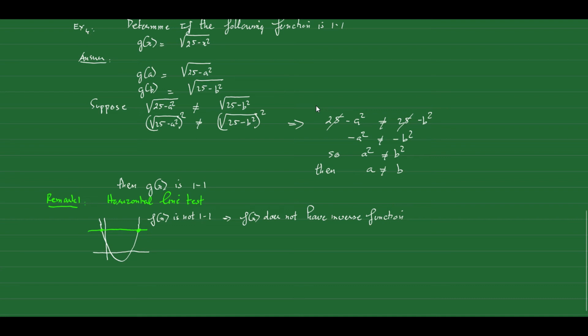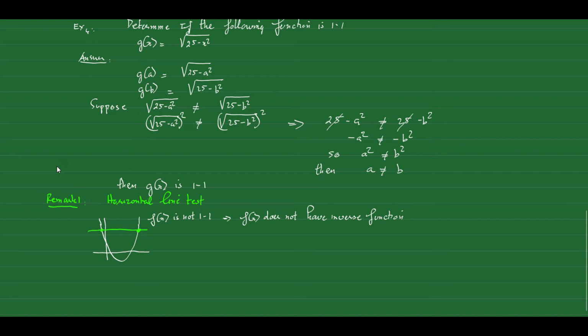There are a lot of functions that are not 1-to-1, for example the parabola or the absolute value function. If you put a horizontal line there and it cuts at 2 points, this absolute value function is not 1-to-1, and that's why it does not have an inverse. There are many functions that do not have inverses.